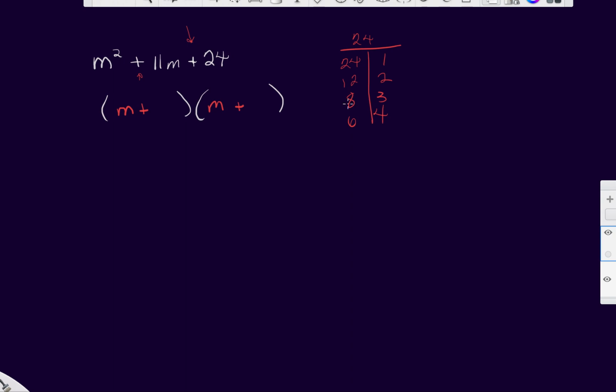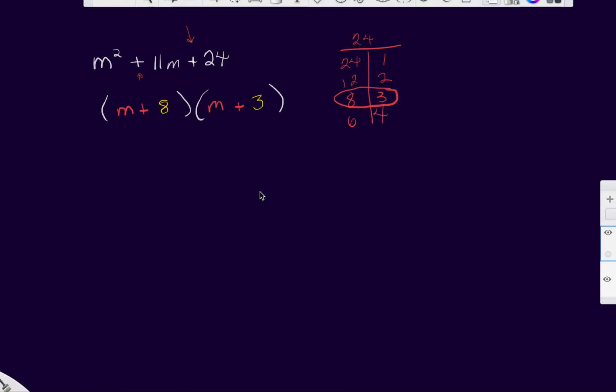We're done, and we see that 8 plus 3 gives me 11. 6 plus 4 only gives me 10. 12 plus 2 gives me 14, etc., etc. So we have to use 8 and 3. And I'm not just going to do this one only, but this is what we're looking for when we're factoring.